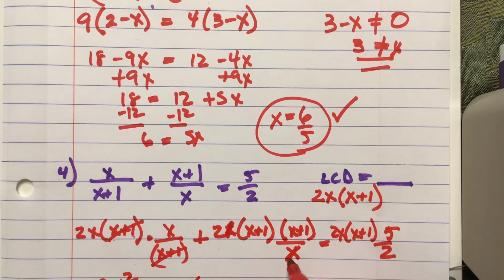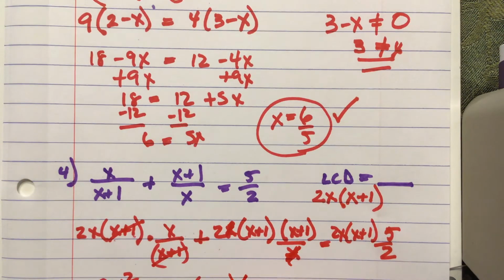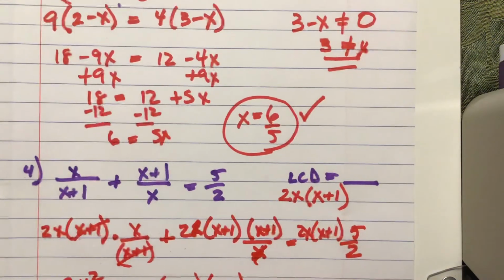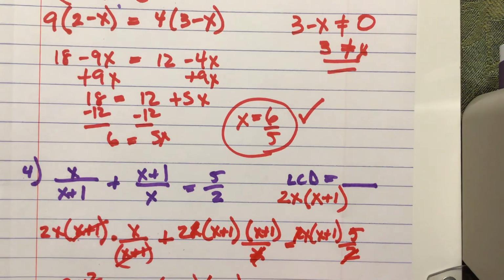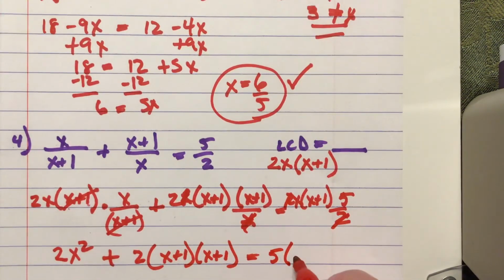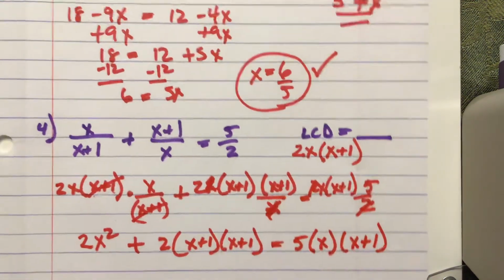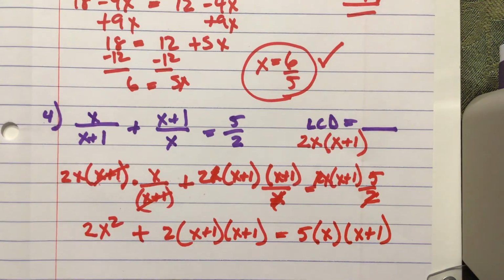And I have (x plus 1) times (x plus 1). And over here the 2's cancel out, and I'm left with 5x(x plus 1).